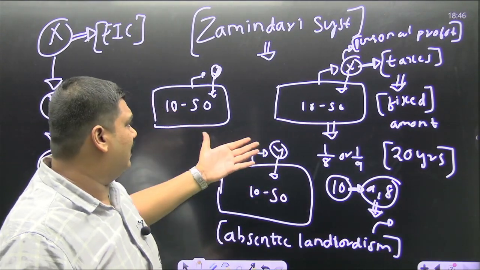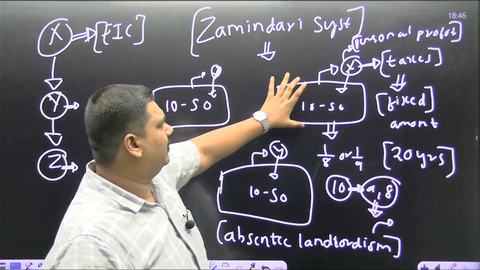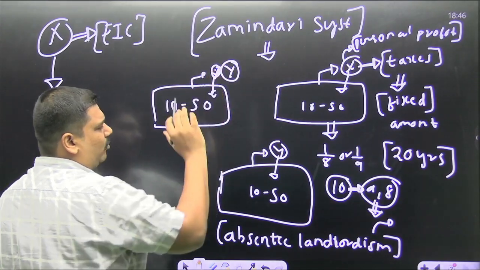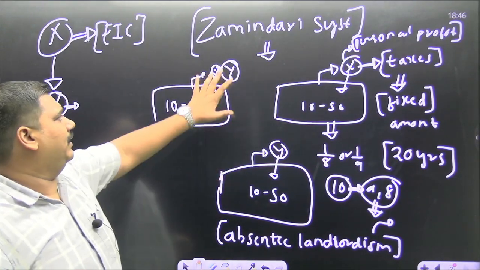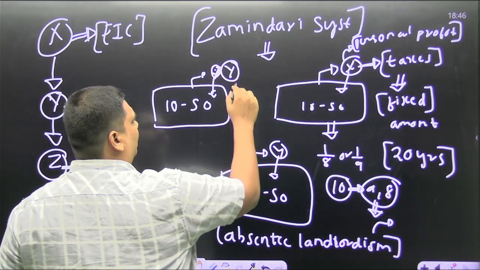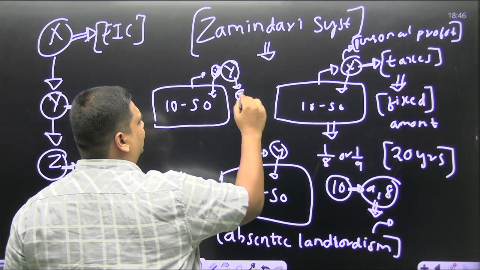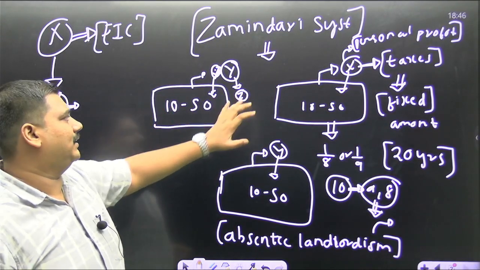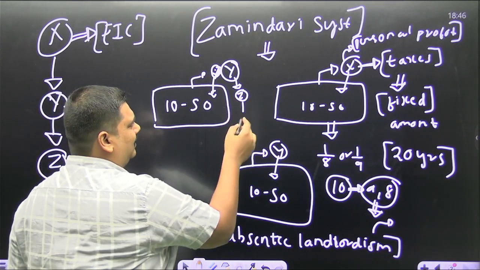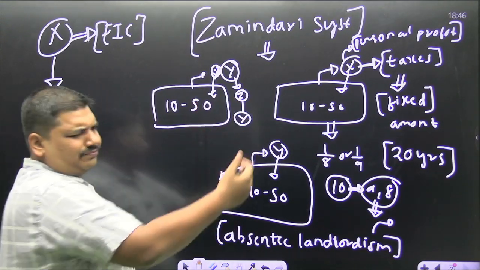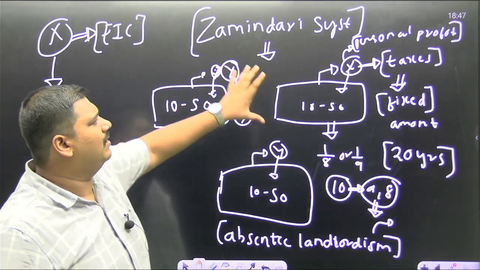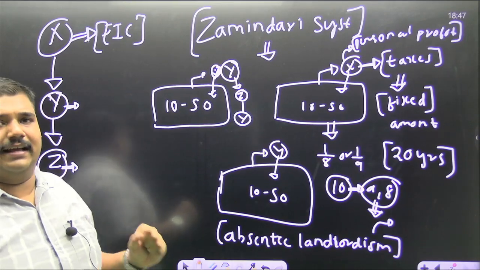Initially, if the land was given to the zamindar, it would be hereditary. It means after Y's death, Y's child would be the owner of the property and would collect tax, and in the same way after Z's death, their children, and so on. So this land was hereditary in nature.